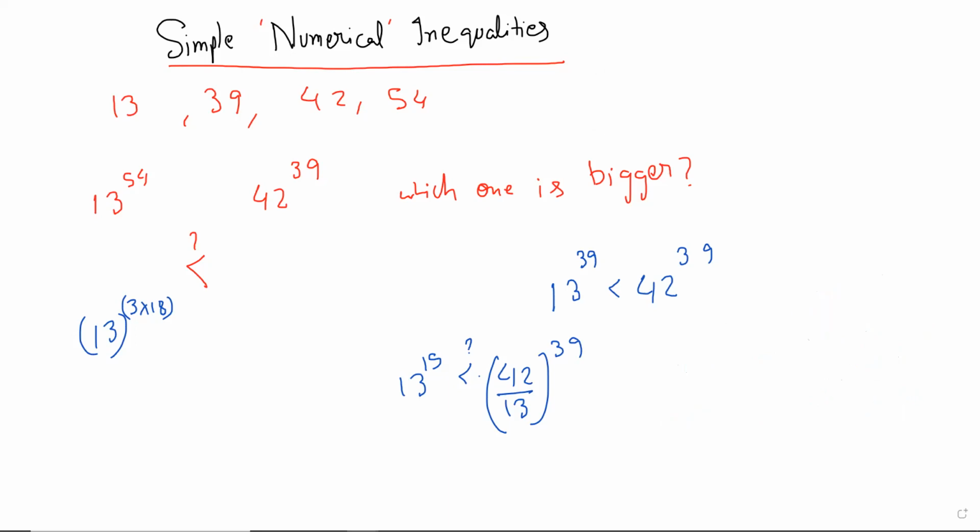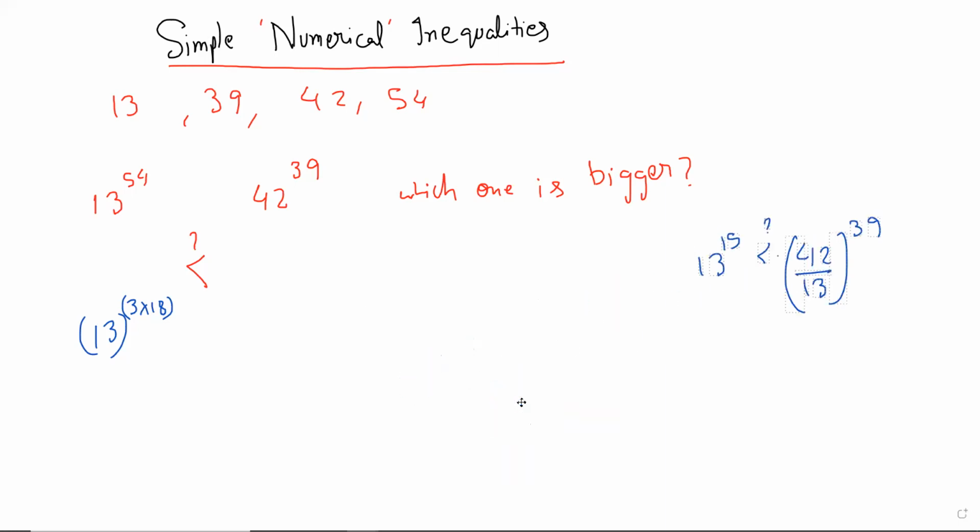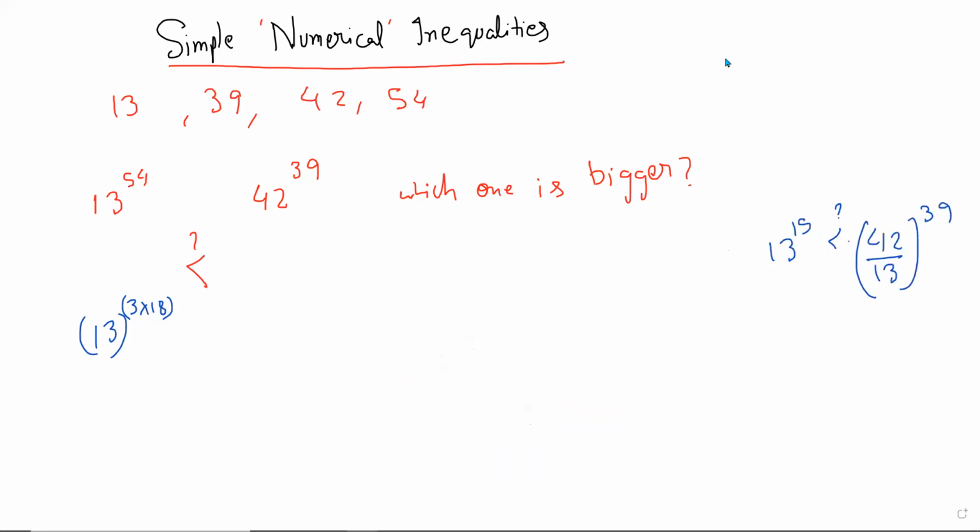Just cleaning this. So this I'm keeping on one side because this is one potential approach. If you write this as 3, then what do you have in mind?